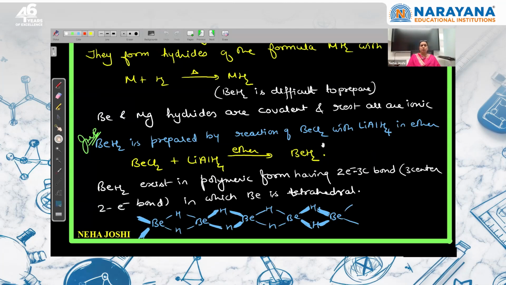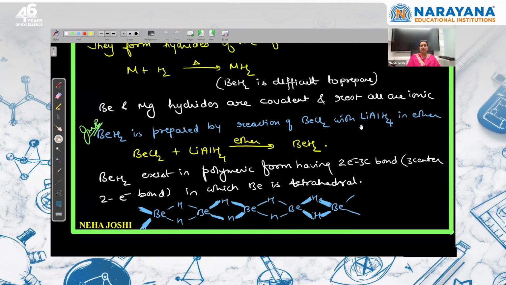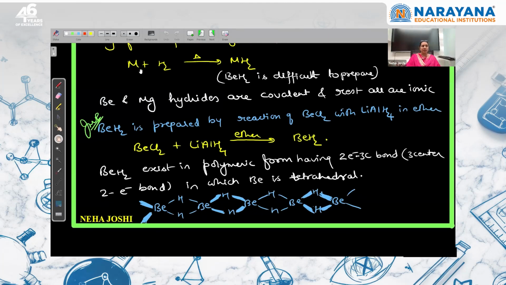BeH2 is prepared by reaction of BeCl2 with LiAlH4. You cannot prepare BeH2 directly from beryllium and hydrogen; you have to prepare it indirectly. Remember this.